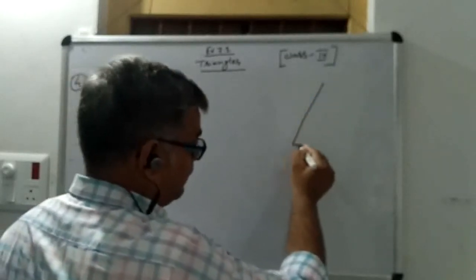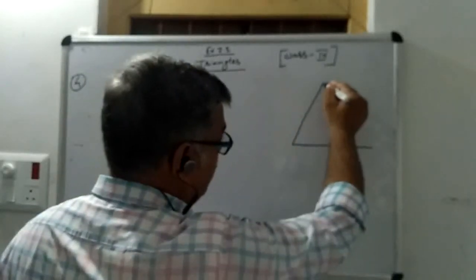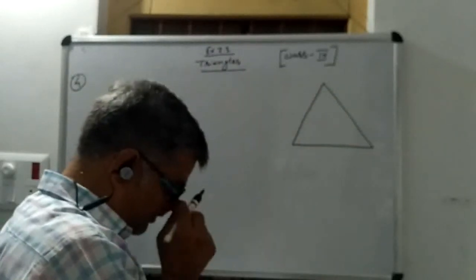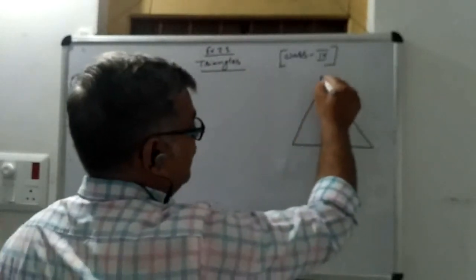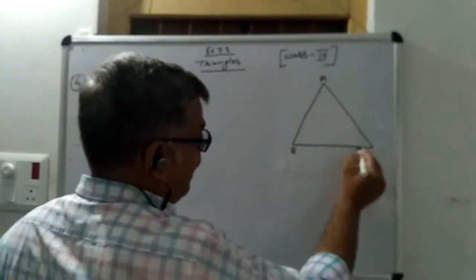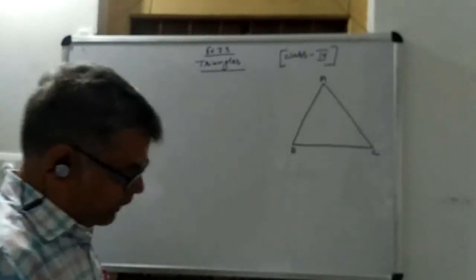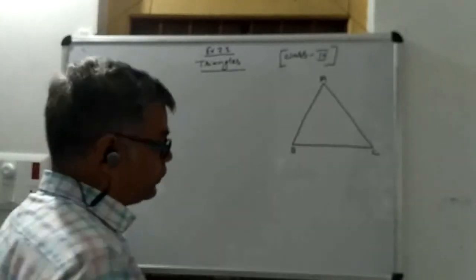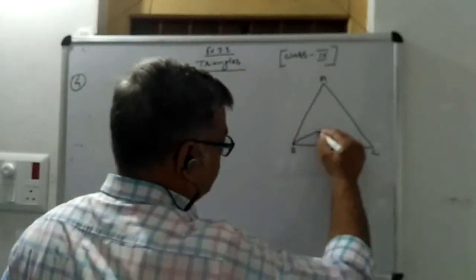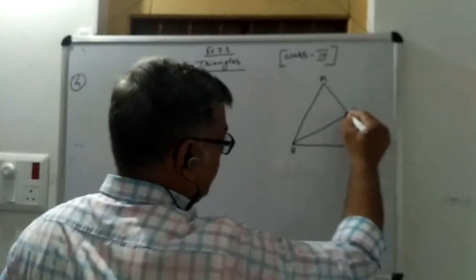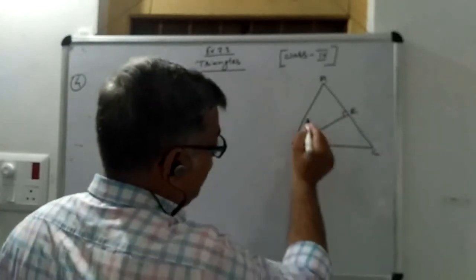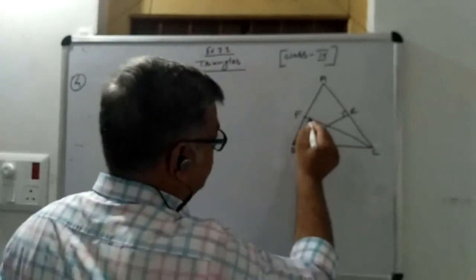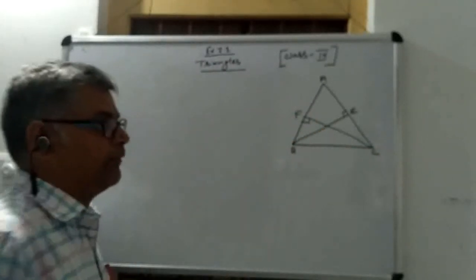Suppose this is your required triangle ABC, and BE and CF are two equal altitudes. Suppose BE is one altitude and CF is another altitude of this triangle.